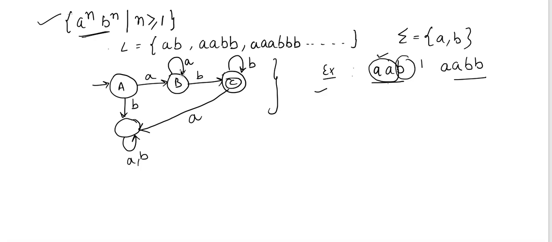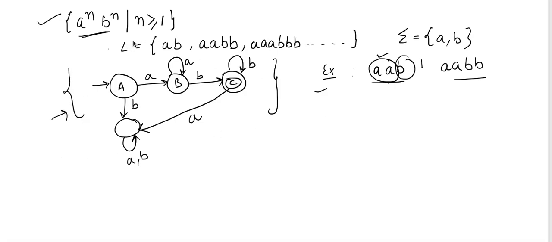It cannot store it. It can pass through this FA, but it is not able to store the count of a's. The same is the problem here. One b can come here, and it can store that one b has come, but after one b, the count of b's will not be stored here in C. So this is the problem in the finite automata.